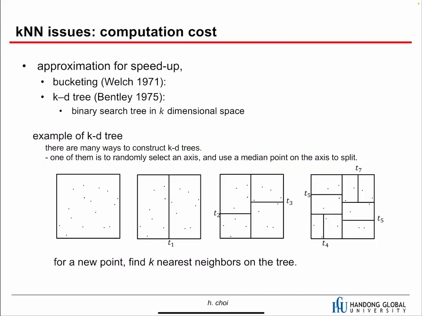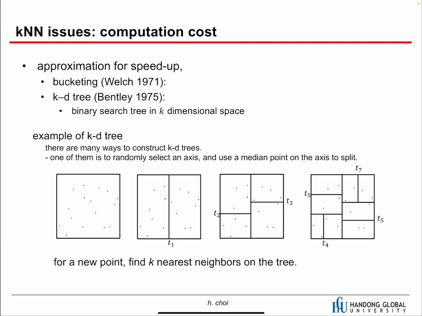And now let's talk about some issues in KNN. When we have lots of training samples, it takes a lot of time, so we want to solve this computational cost. Instead of finding the exact neighbors, we approximate.